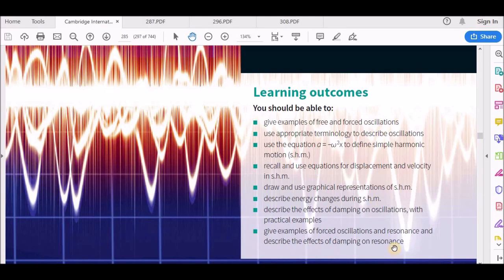So in other words, let's say you want to make the swing go with maximum amplitude. What you have to do is match the natural frequency of the swing. So what that means is, if the swing is moving backwards, you have to move backwards with it.